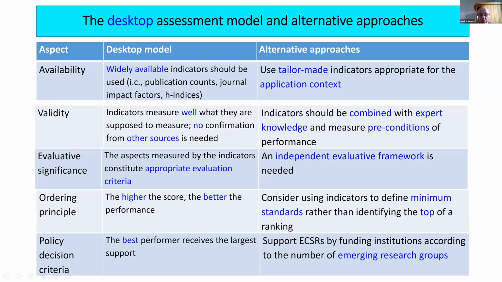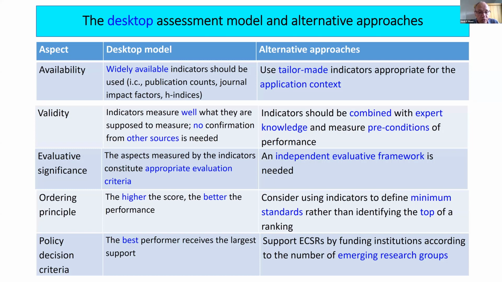I cannot discuss the details, but you could imagine a funding scheme or formula that does not base itself on the total number of publications or the total impact, but focuses on the number of emerging research groups in a particular institution.